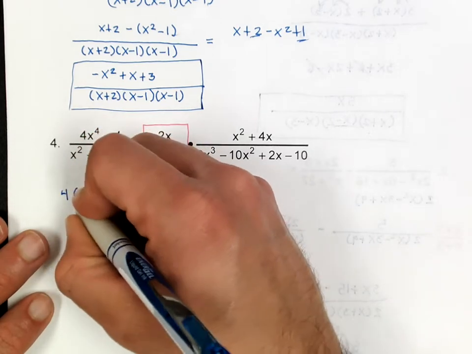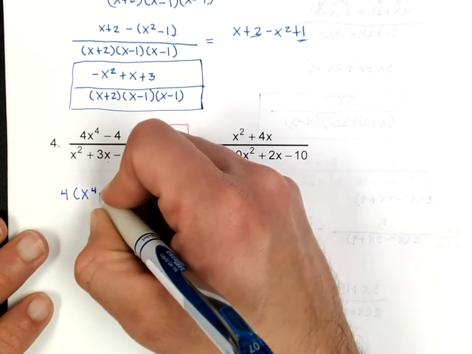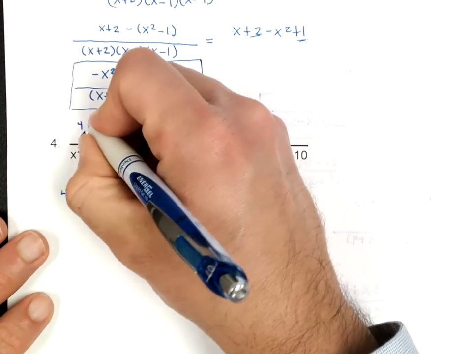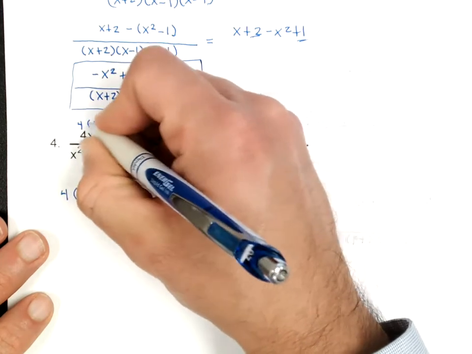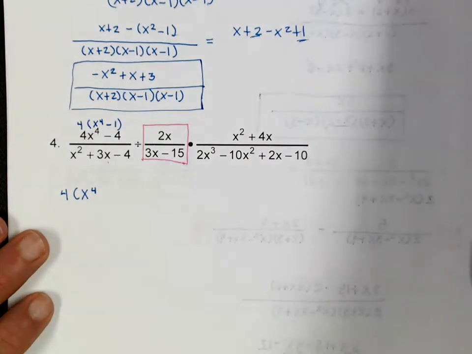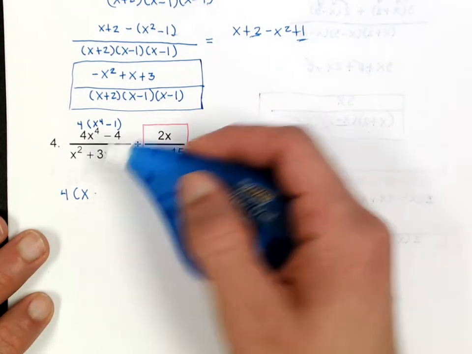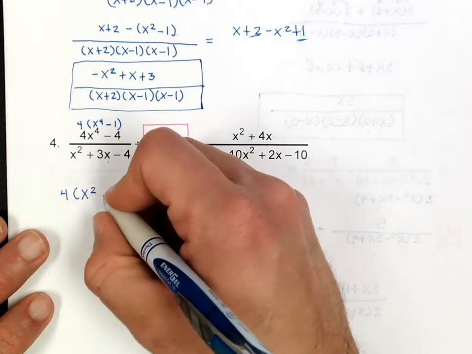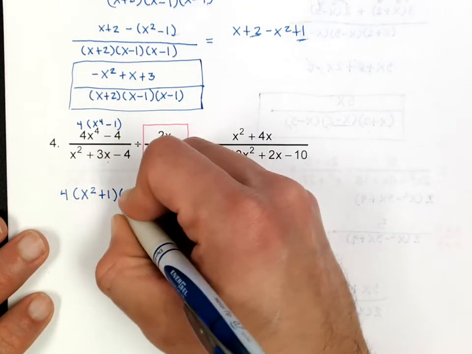So we have 4x to the 4th. I will do something just to save a little bit of time. If you get the common factor out, you get this, and then that's a difference of squares. This one keeps getting factored on forever.